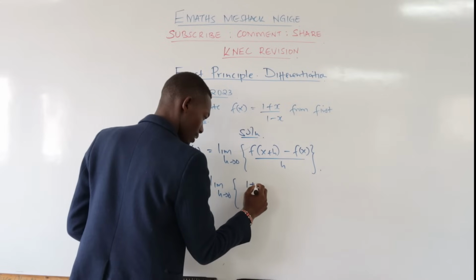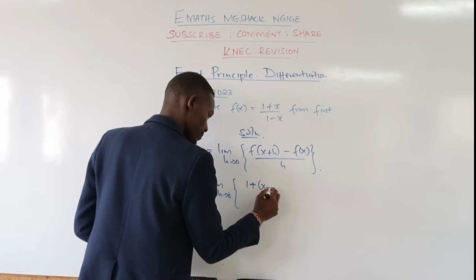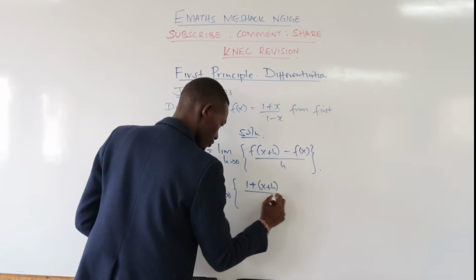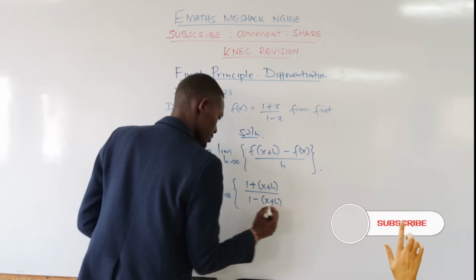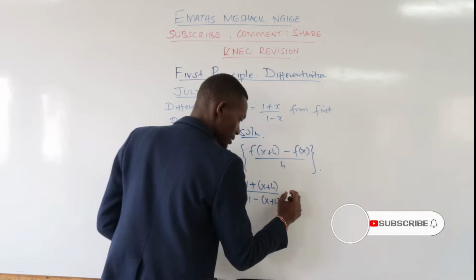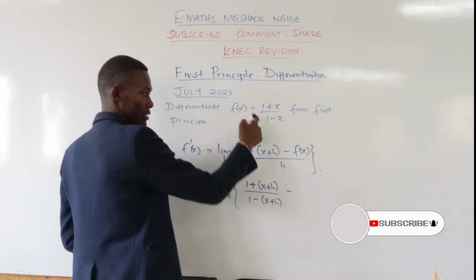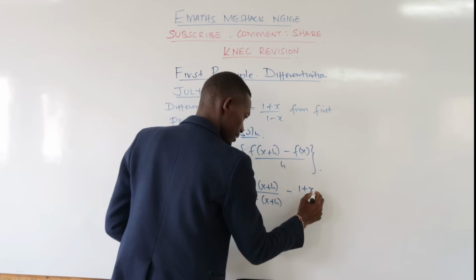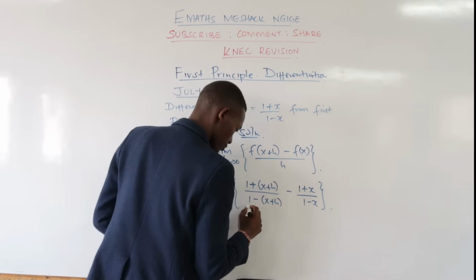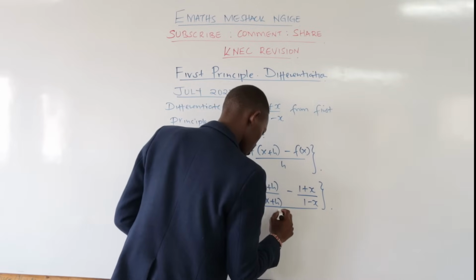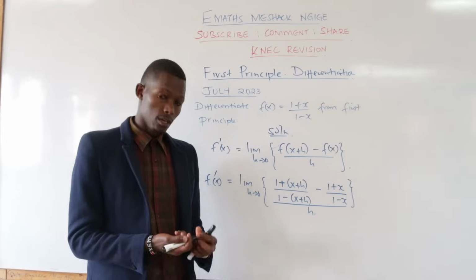So we shall have 1 plus (x plus h) all over 1 minus (x plus h), right? Then we subtract the original function, which is 1 plus x divided by 1 minus x. Then you divide all of this by h.